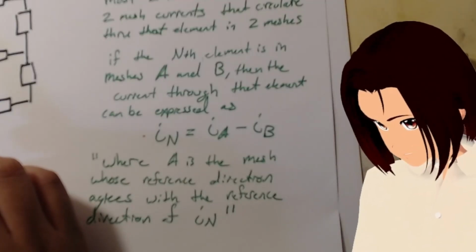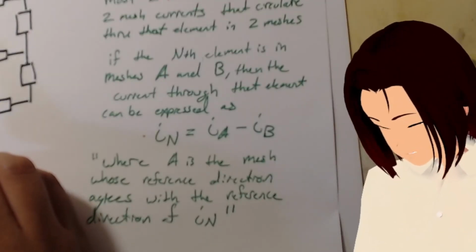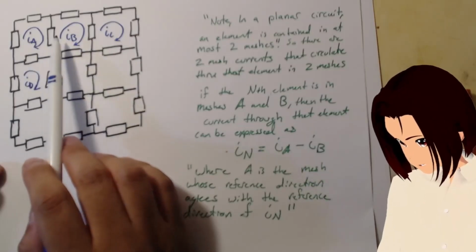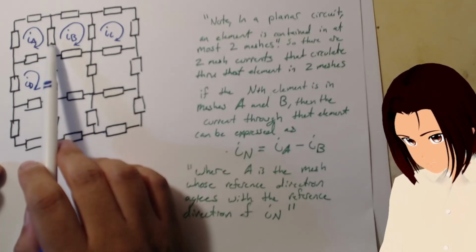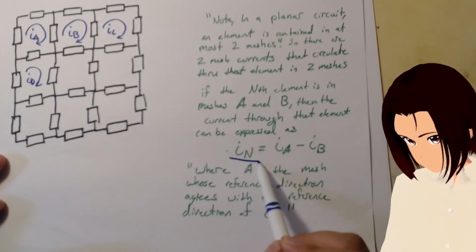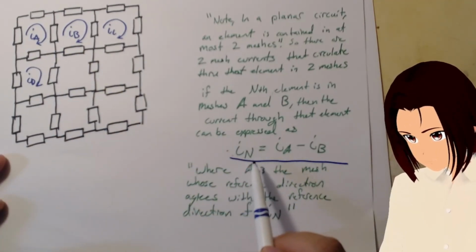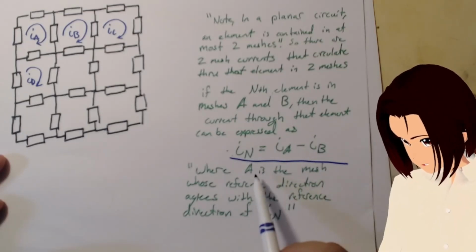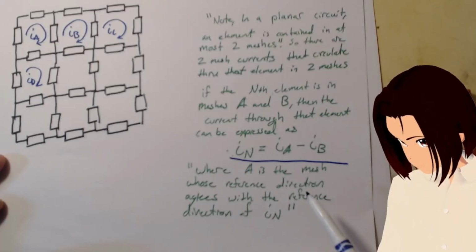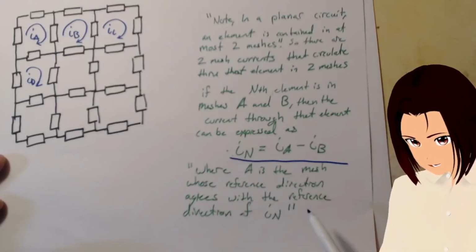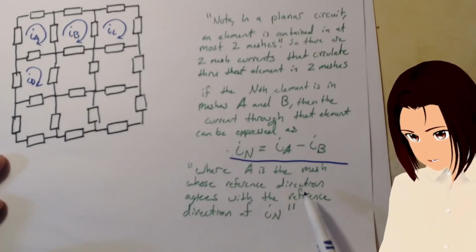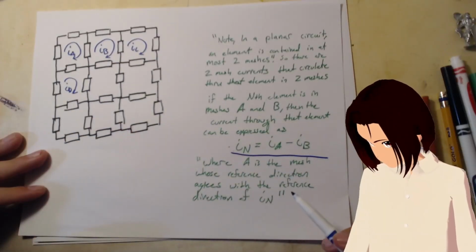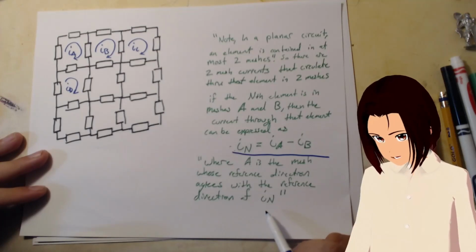Say that the nth element is in mesh A and B, then the current through that element can be expressed like this: In, the nth element, is equal to IA minus IB, where A is the mesh whose reference direction agrees with the reference direction of In.